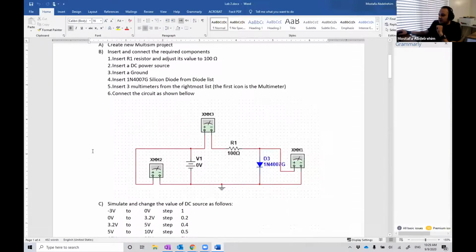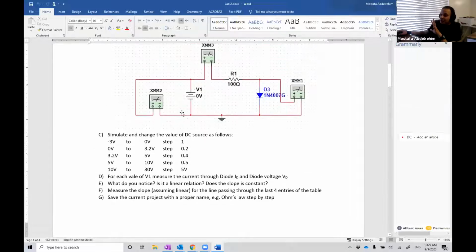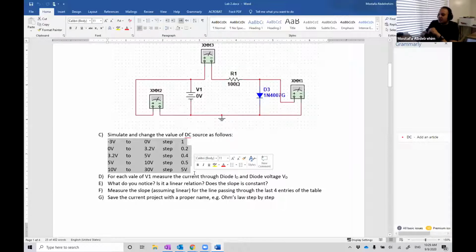In that particular experiment, when you conduct it, okay, when you change V1, you change it using these ranges here. So start first from -3 to 0, and by step 1, so -3, -2, -1, 0. Then from 0 until 3.2 volt, make the step 0.2.